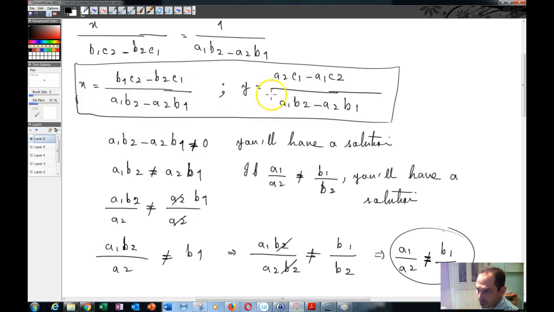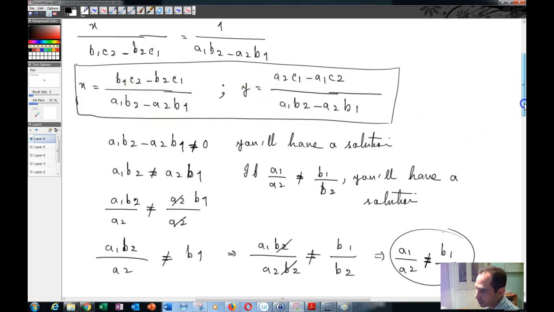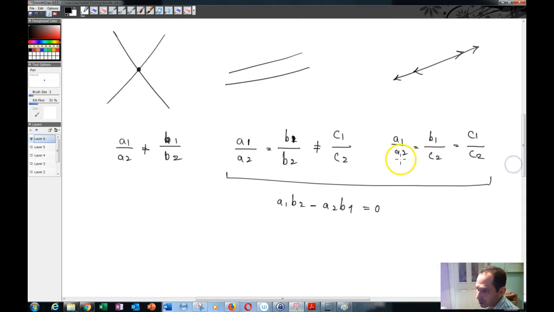So you will not get x and y over here. And if you don't get x and y, what that means is that either you have no solution or you have infinitely many solutions. That's what happens. So that's all that there is about this whole business of cross multiplication.